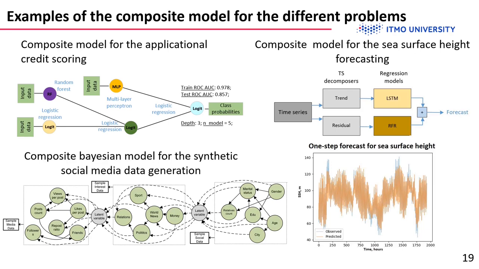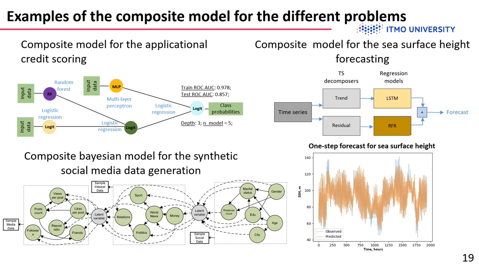The other case is the composite model for time series forecasting. There is an example for sea surface height presented, and it's interesting that different scales of the process can be represented as a part of composite models. As you can see, the trend and residual of the sea surface height time series are forecasted independently.